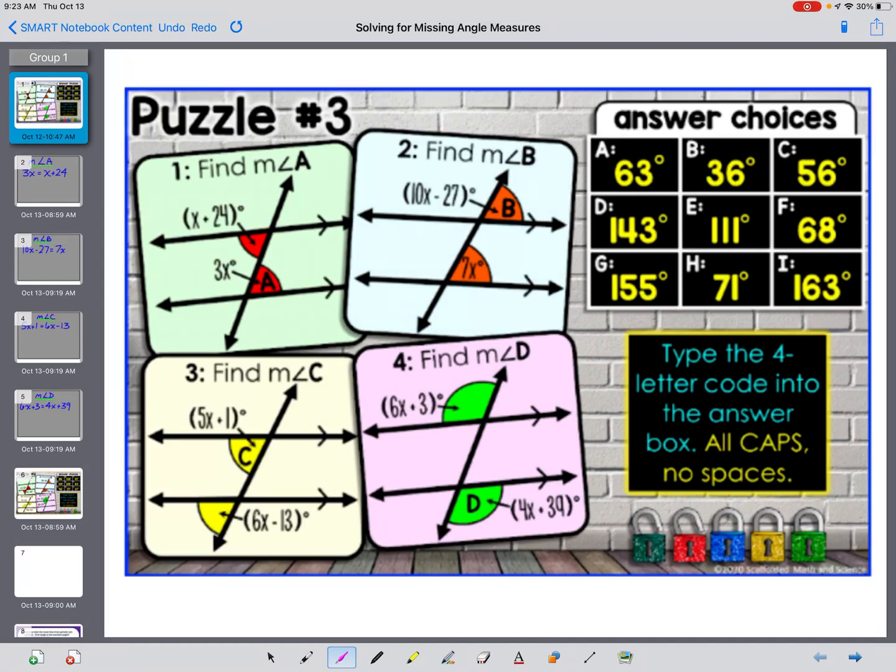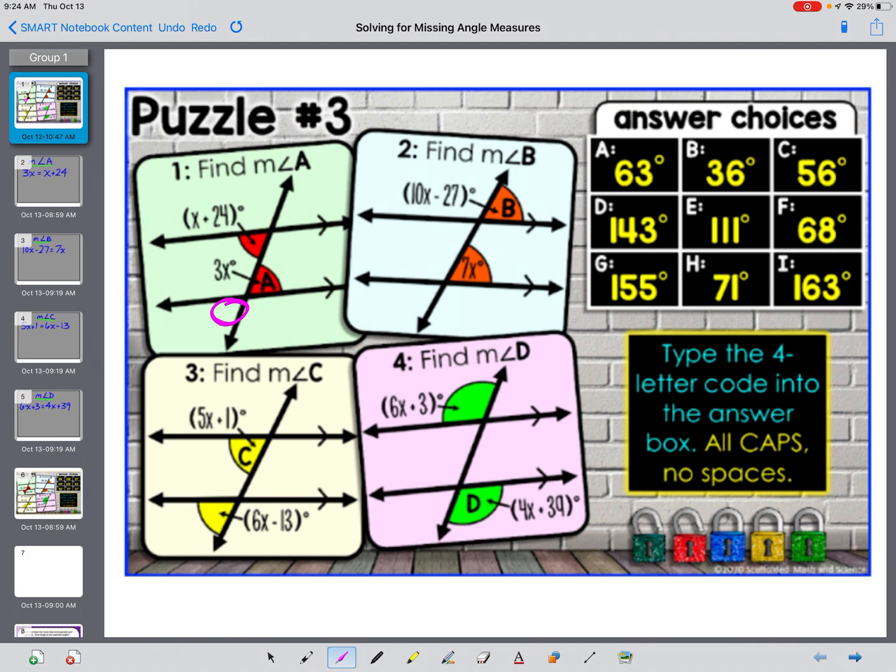We're going to find the missing angle measurements of several angles depicted in this image. Starting with number 1, what we have is an angle relationship here between A and this one labeled by x plus 24, and that is the fact that angle A is of course vertical to this angle, okay?